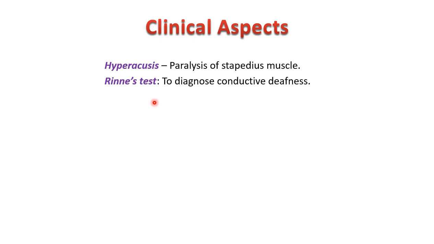Otherwise, if you place the tuning fork after bone conduction in front of the external auditory meatus and you are not able to hear, that confirms a conductive deafness. If you are not able to hear even initially when it is placed on the mastoid bone, then the deafness is due to nerve conduction rather than the ear ossicles.